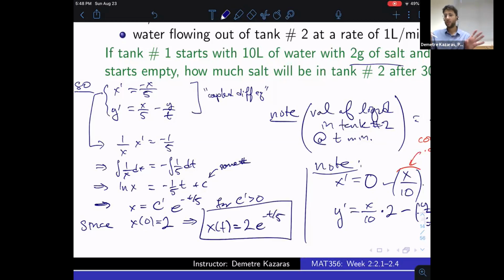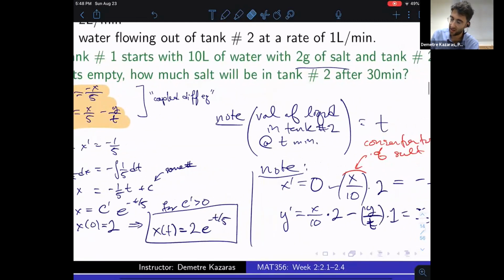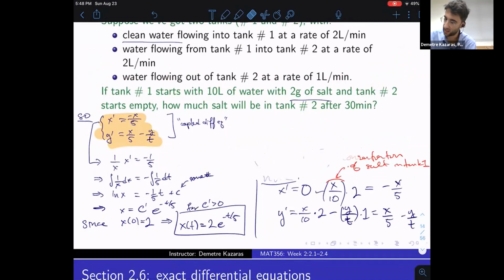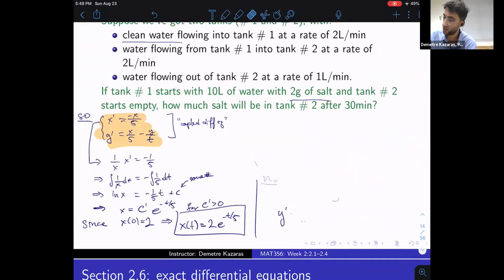Okay, so as I said, this looks a little bit daunting, a coupled equation where the rule for one of the unknown functions depends on the other one, but x is not coupled together with the y in that way. So we could just solve for x with no funny business. Now let's take a look at the equation for y.